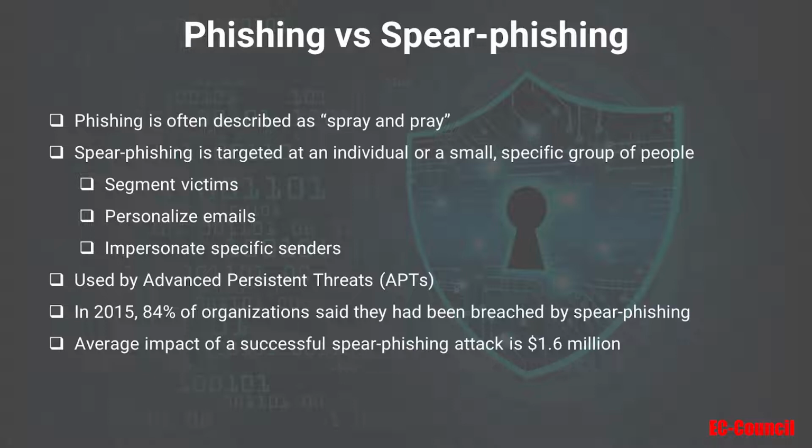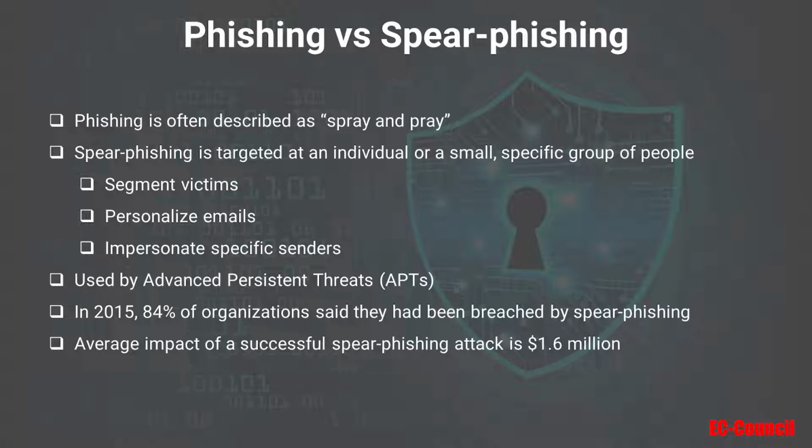They personalize the email when they craft it, so instead of it being addressed to friend or you, it actually addresses you by name. And they impersonate specific senders with whom you have interacted in the past, for example, Amazon or PayPal. Spear phishing is commonly used by advanced persistent threat actors who are targeting very particular information from certain victims.